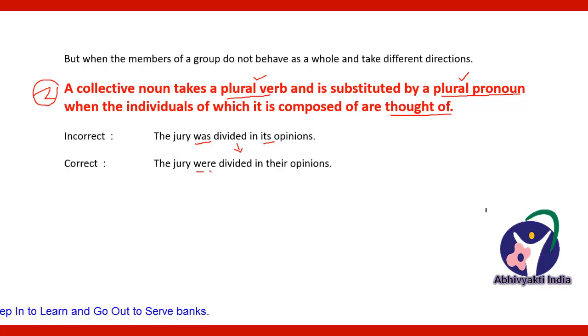The jury were, because in this case we are not taking the jury as a group, but every member is behaving as an individual, and therefore it is taken as a plural noun, and so it will take the plural verb. So jury were divided, and the pronoun will also be substituted, and it will be their and not its. So: jury were divided in their opinions.